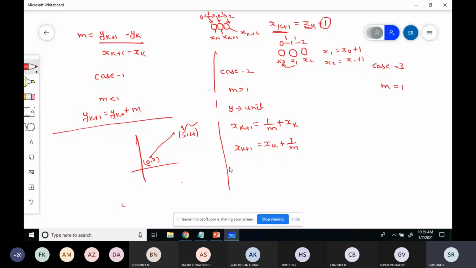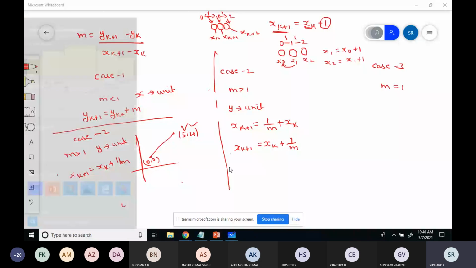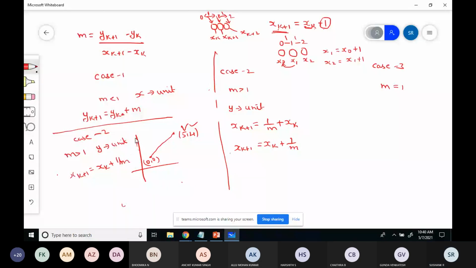Case 1, m less than 1 means x should be taken in unit interval. Case 2, m greater than 1, y will be in unit interval, and the formula is x of k plus 1 is equal to xk plus 1 over m. So I'll just erase this part.